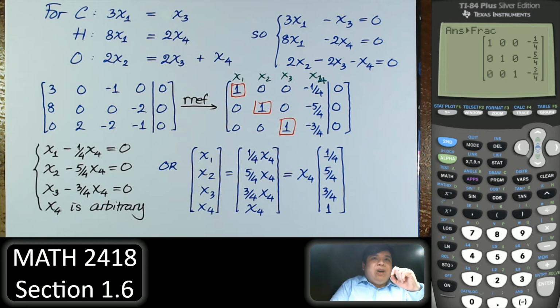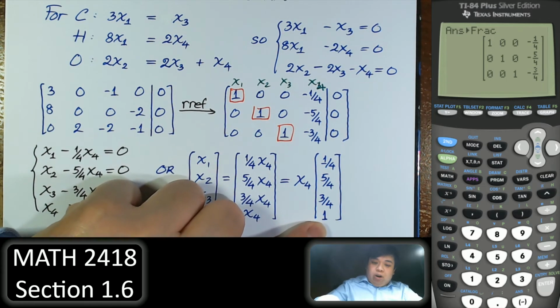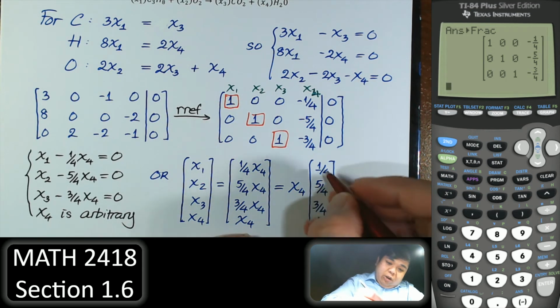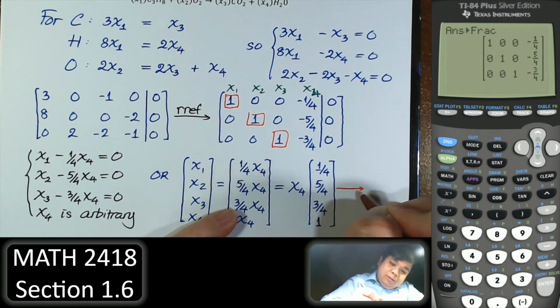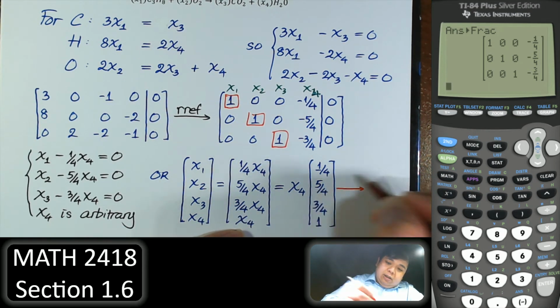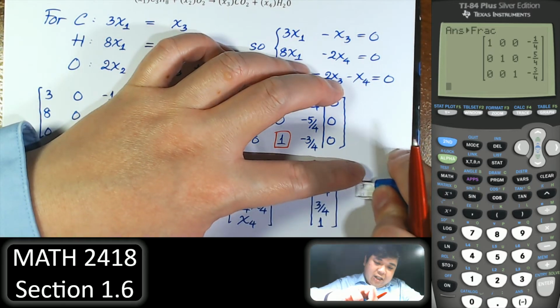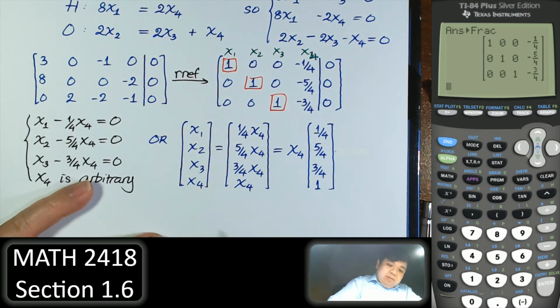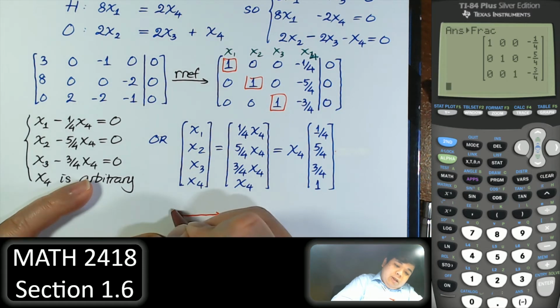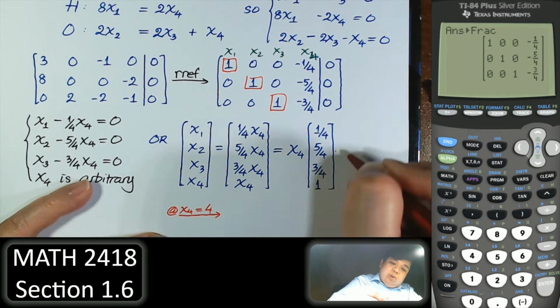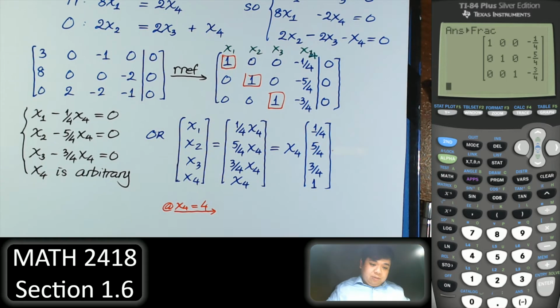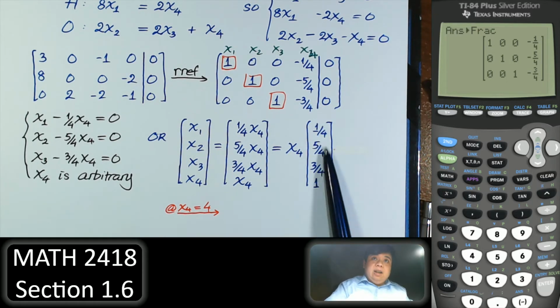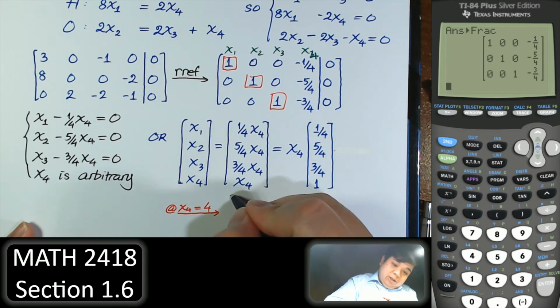So we choose some value that eliminates all the fractions. Since all of them divide by 4, what we're going to do is let x4 equal 4 to cancel all the fractions. If we multiply all of this by 4, we have whole numbers.